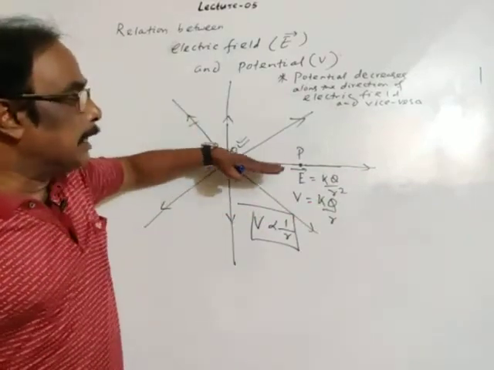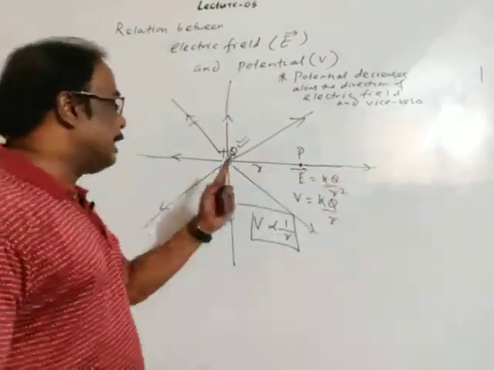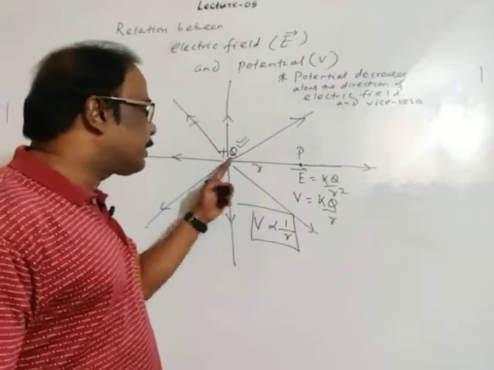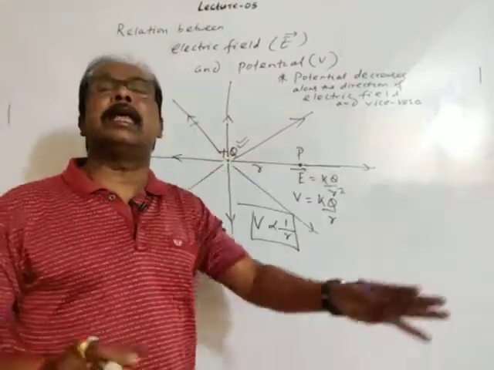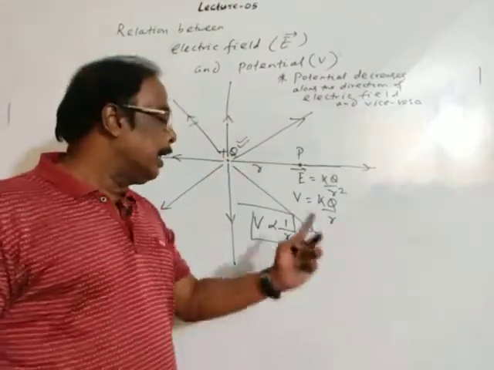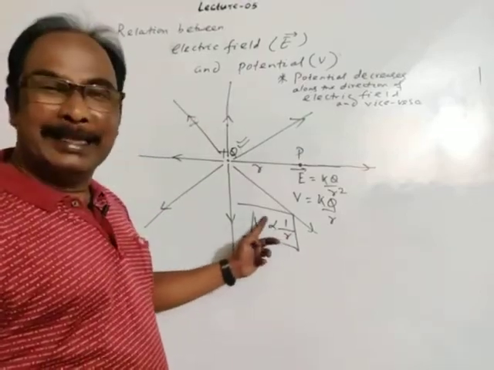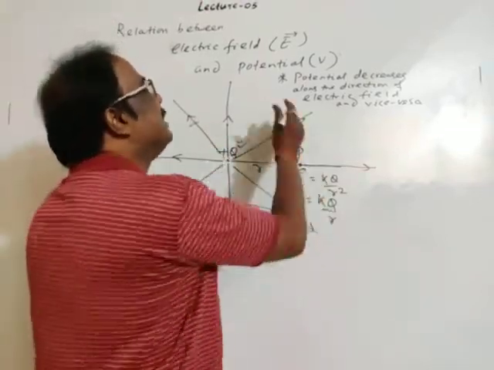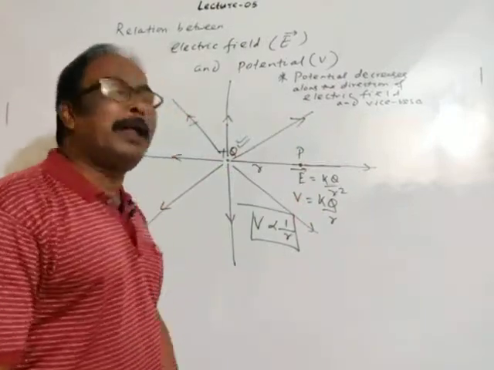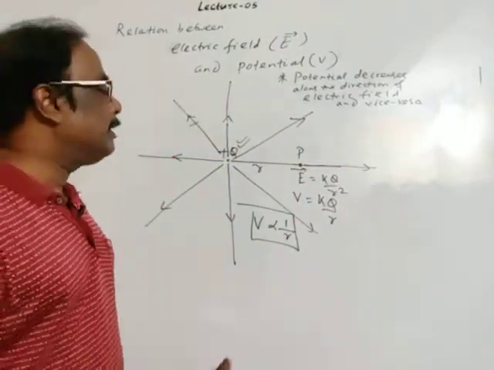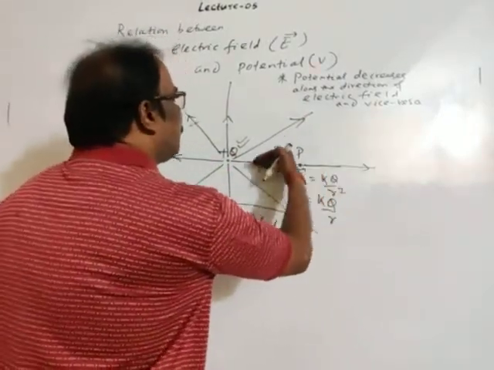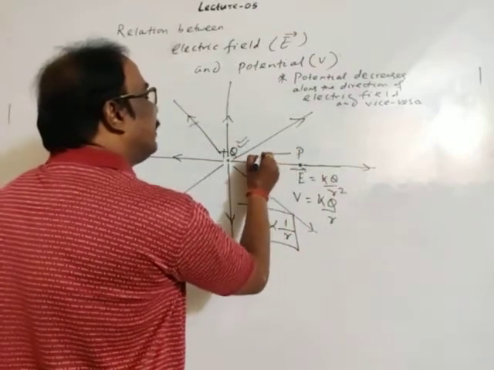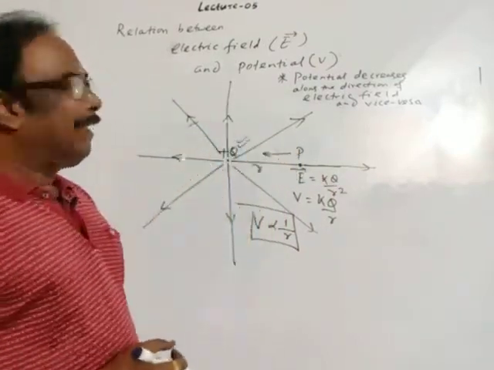Potential decreases along the direction of electric field. See, as the distance from this point charge goes on increasing along the direction of electric field, potential will go on decreasing. So potential decreases along the direction of electric field and vice versa. It means if we move opposite to the direction of electric field, then potential will increase.